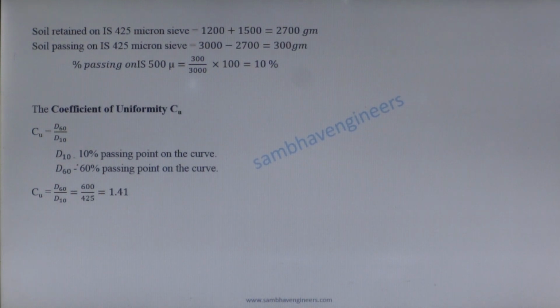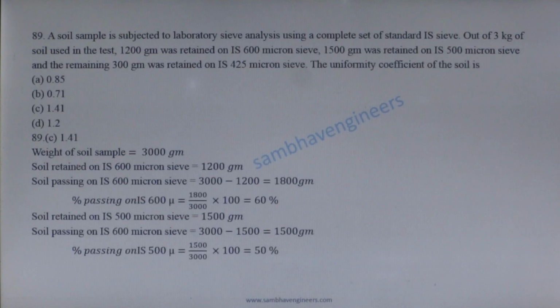D10 is the 10% size of the sieve, which is the size below which 10% of the material is finer. D60 is the size below which 60% of the material is finer. So we have to find the value of D60 and D10. Weight of the sample 3000 gram.